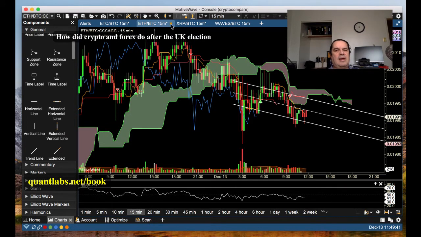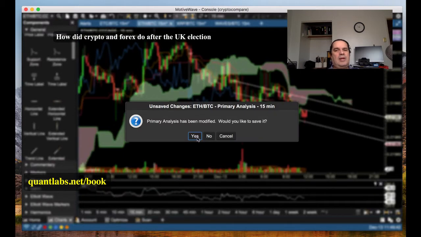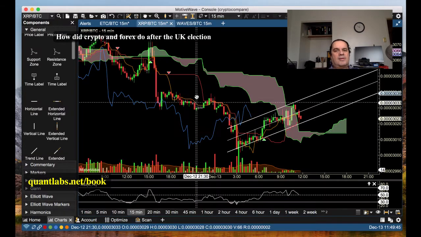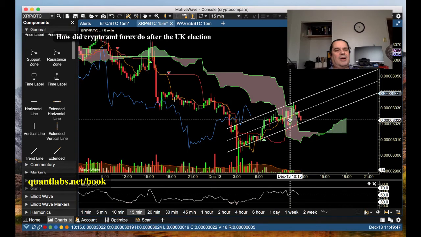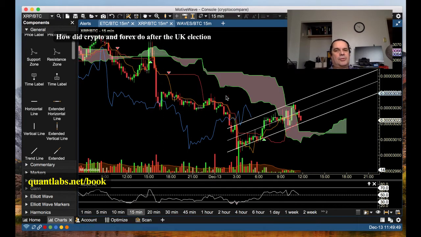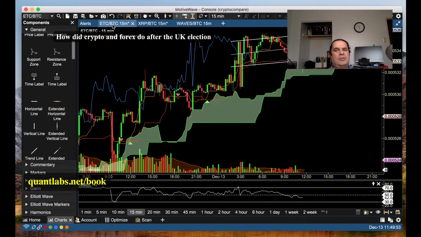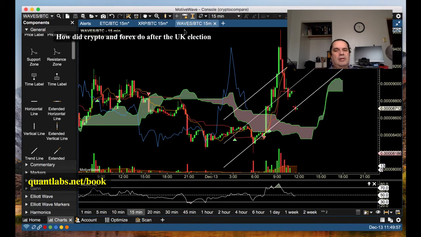Ethereum BTC's down. XRP has a slight move up, but there was a downtrend short term. I don't know if I should close that. But the ETC was okay. Waves did pretty good. Looks like it did really well, actually.